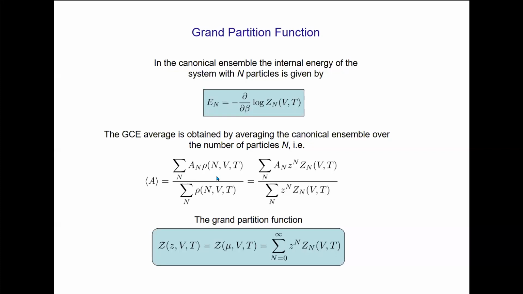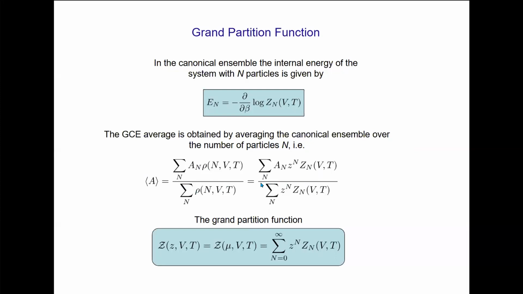If A is a quantity which we are trying to average, with the number of particles n, we multiply it by its relative probability and sum over all numbers of particles n. And then we divide by the normalization factor, just to make it so the average of 1 is 1.